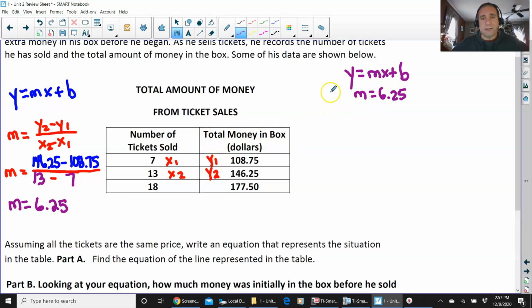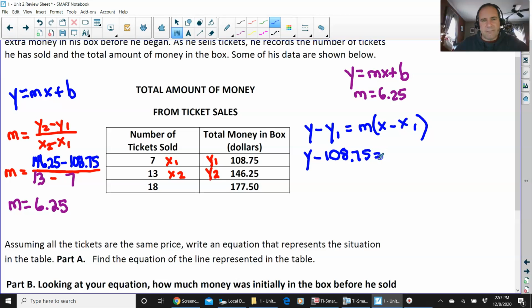I have a lot of points. So my point slope formula is y minus y1 equals m times x minus x1. So y minus y1 is 108.75 equals m is 6.25 times x minus x1, which is 7.